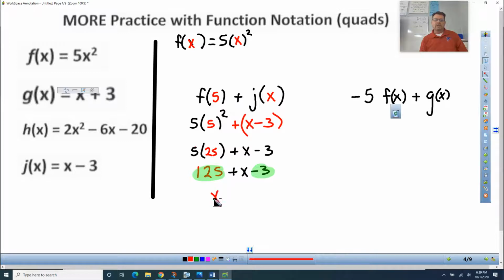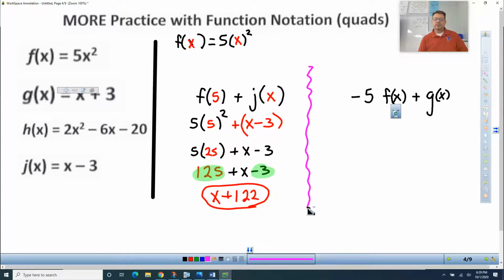We got x plus 125 minus 3. That'd be 122. And there you go. So x plus 122 is what f of 5 plus j of x looks like. Okay, so when you plug a 5 into the f and then you add it to the j of x, that's what you get. Okay, all right.